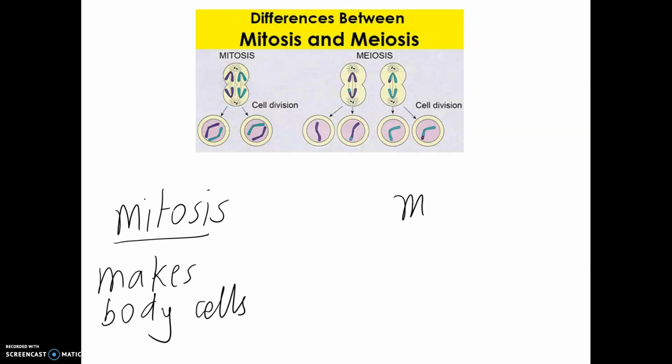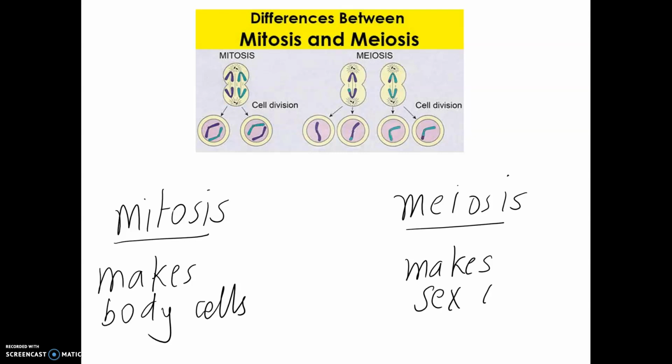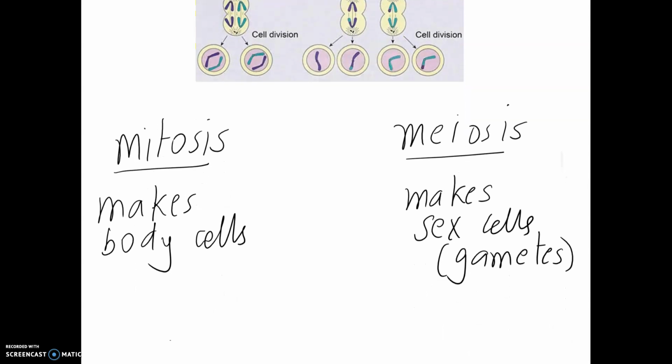And if you look at meiosis, it makes sex cells, which in science we'll call gametes, and male will make sperm and female will have eggs. So let's take it to the next stage.